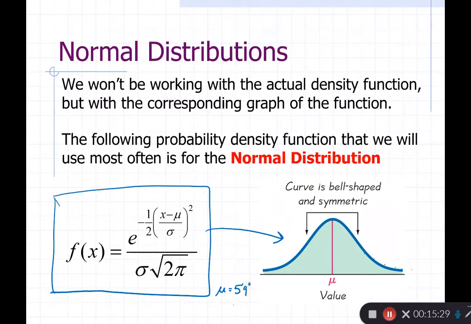Now I'm rounding just so we don't need to use decimals and stuff like this, and with a standard deviation of 3 inches. It's probably closer to 2.9, but so what that means is, since the height of an adult male in the U.S. is normally distributed, that means the mean is 5'9".